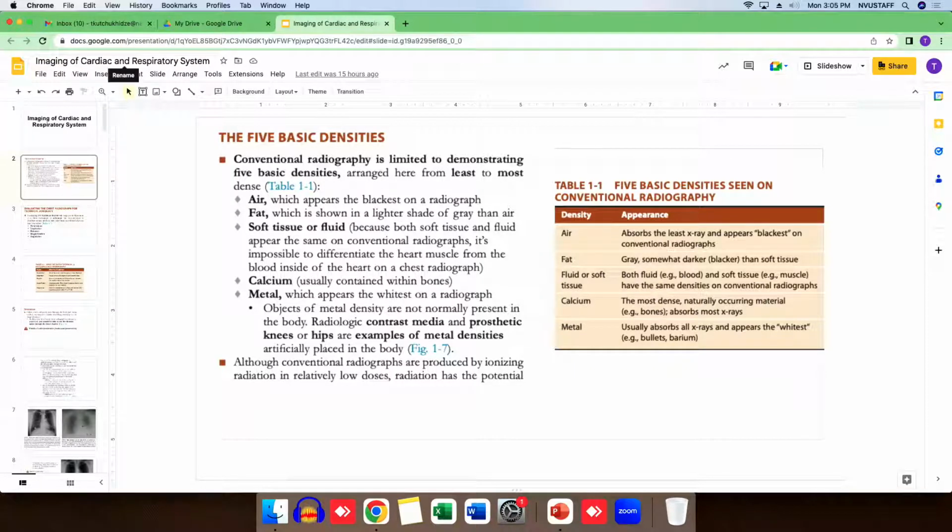We're having also fats, and fat always appears a bit lighter shade of gray than air, because it is also soft tissue. We're having also soft tissue or fluid, and soft tissue and fluid have the same appearance. They are almost blackish, and we don't have the photo of it either.